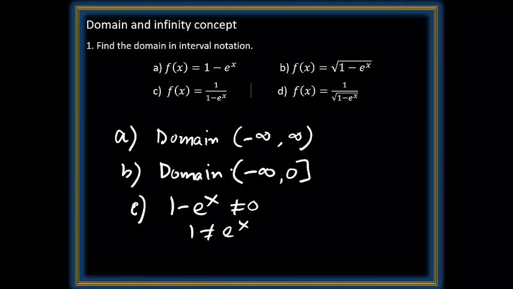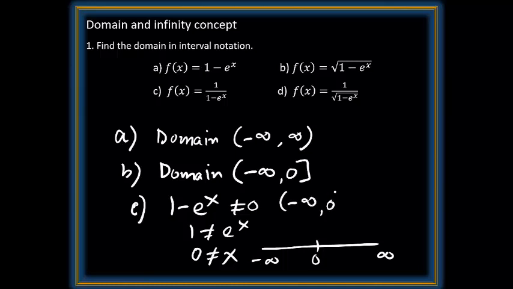If you apply the same concept we applied in B, you will see that x must not be 0. So what happens on the entire line? I want to exclude 0. So in interval notation, you will write negative infinity to 0, and then connect this with the union symbol to 0 to infinity. So you are done for C.